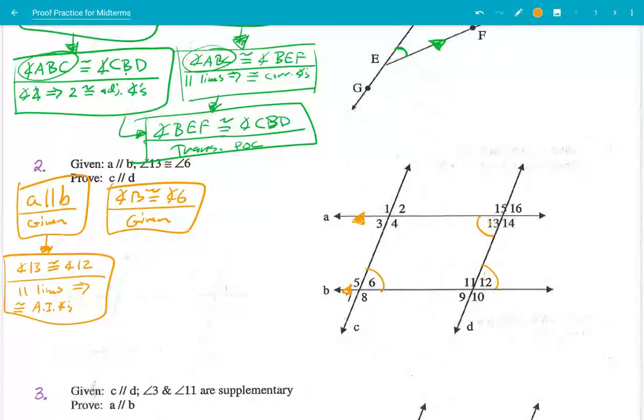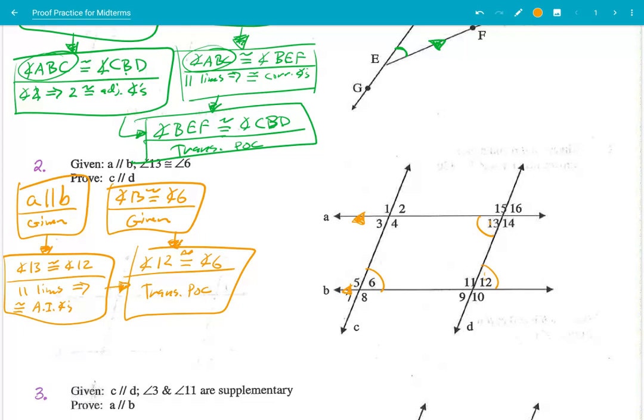And if that's the case, then we can say that angle 12 is congruent to angle 6 because of the transitive property. 13 is congruent to 6, and 13 is congruent to 12. So 12 is congruent to 6, which means that C is parallel to D because those are congruent corresponding angles. There we go.